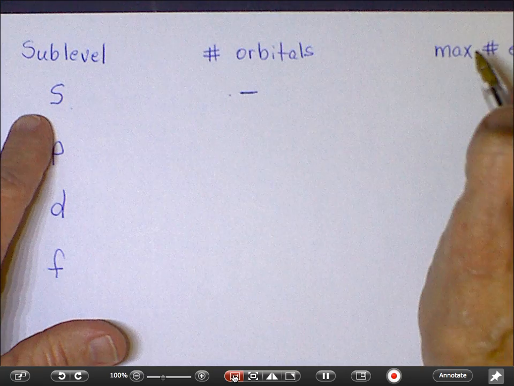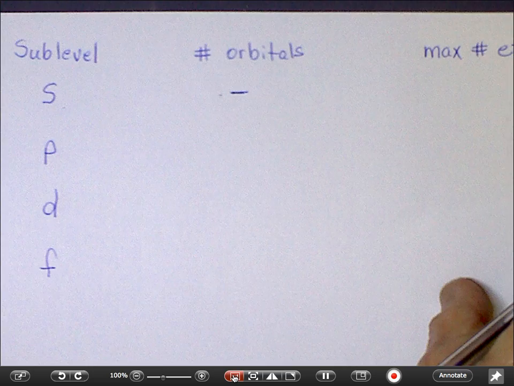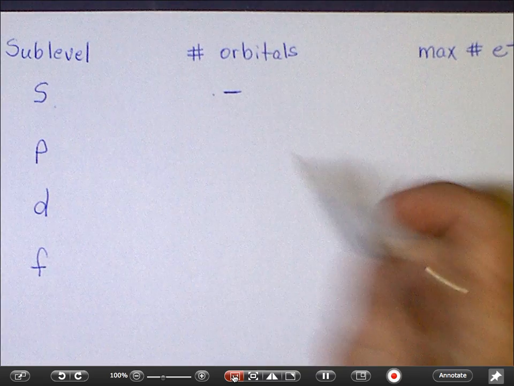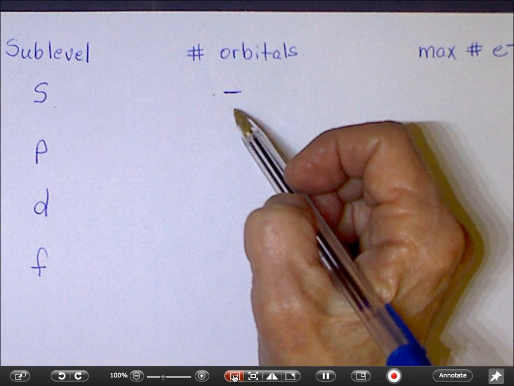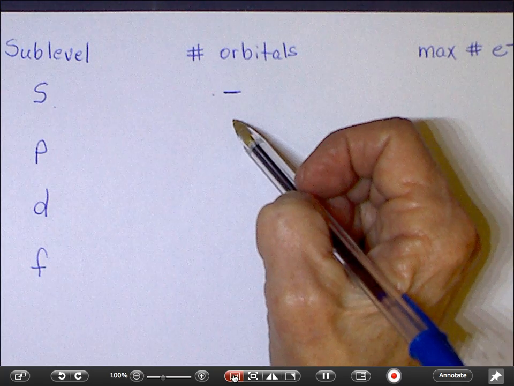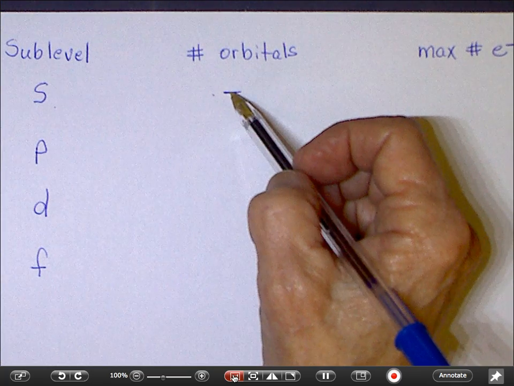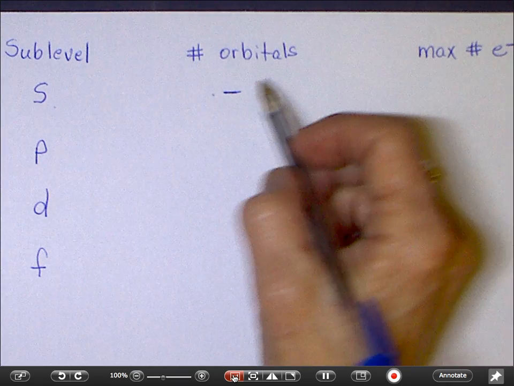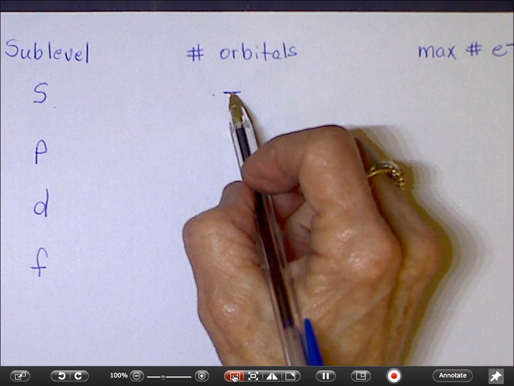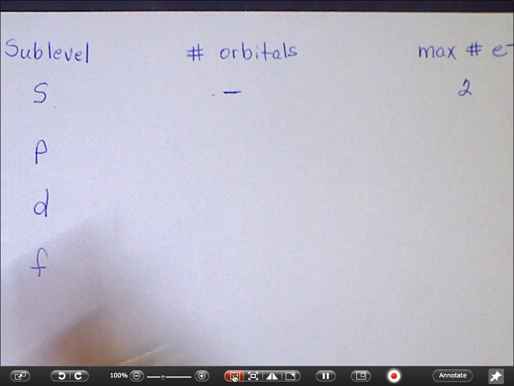A little straight line indicating an orbital, and we only drew one line. So the max number of electrons, according to Pauli's exclusion principle, each orbital maxes out with how many electrons? 2. So 2 times 1 orbital, the max number the S can hold is 2.